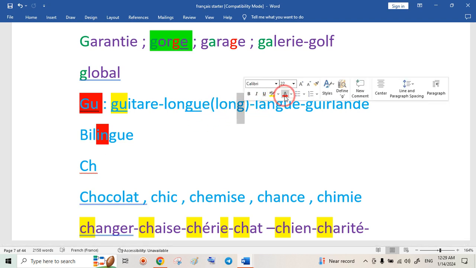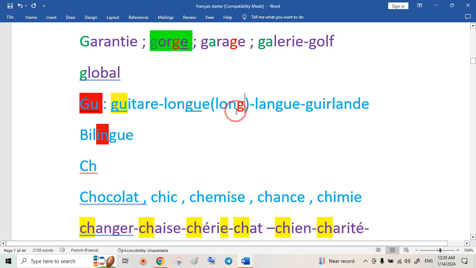This is not pronounced, guys, so you say long and this one longue, and both of them mean long. It's an adjective. This is for masculine, this is for feminine. The G is not pronounced at the end, and this word is an exception. Langue, language.